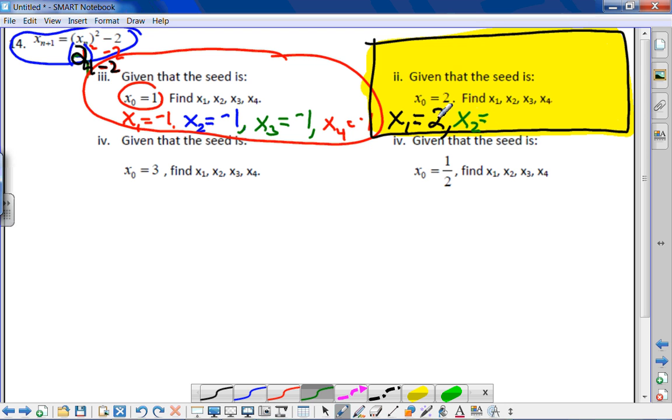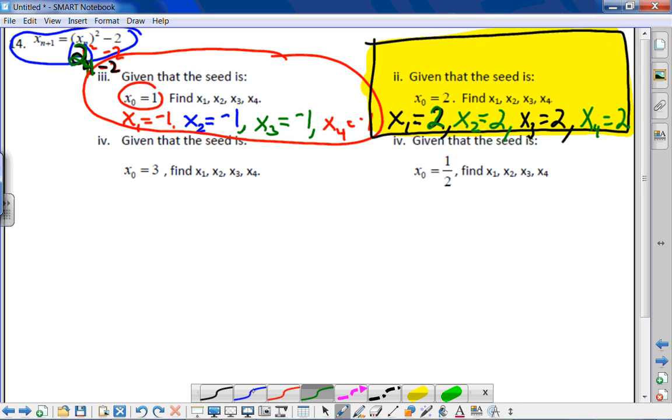Let's use that previous term right there, 2. Square it. 2 squared is 4. 4 minus 2 is 2. Looks like we'll be stuck in this loop again. Every iteration will be 2. Interesting, in the first one, part 3 I guess, every iteration was negative 1. Same rule, different seed, and now every iteration is positive 2.